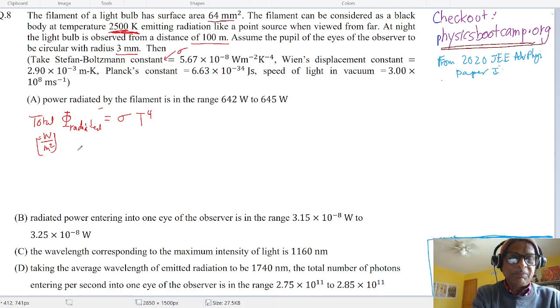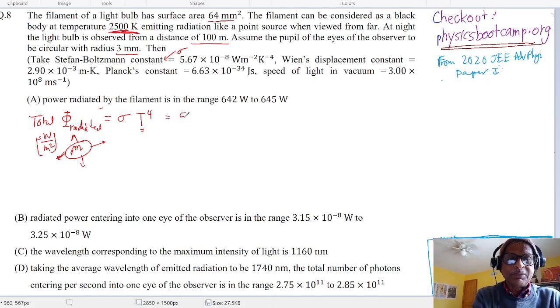So for the filament, the entire thing that comes out of the filament in all directions, that will be this. Temperature is given in Kelvin, and sigma, we just have to multiply it.